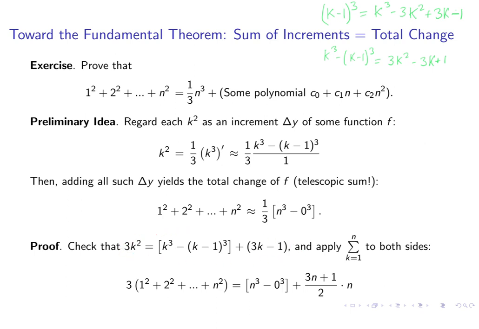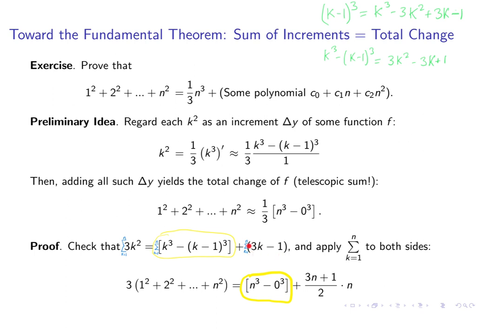And now let's do the summation for all k from 1 to n. So the left side would become 3 times 1 square plus 2 square plus so on plus n square. As to the right side, when we add all the increments of the cubic function, we get the total change of the cubic function, n cubed minus 0 cube.